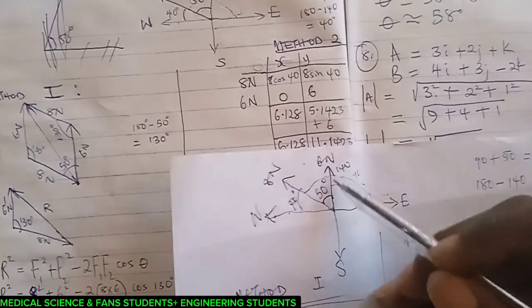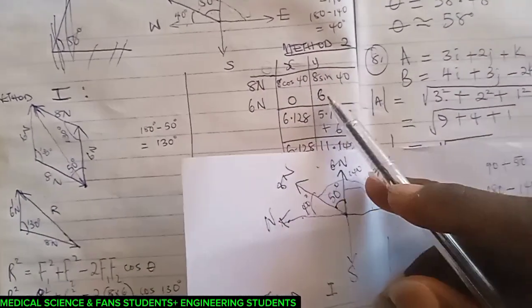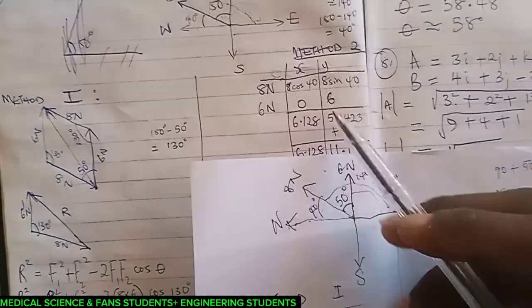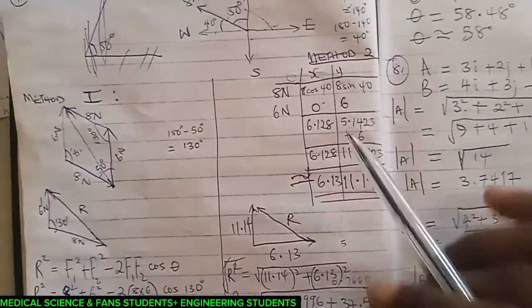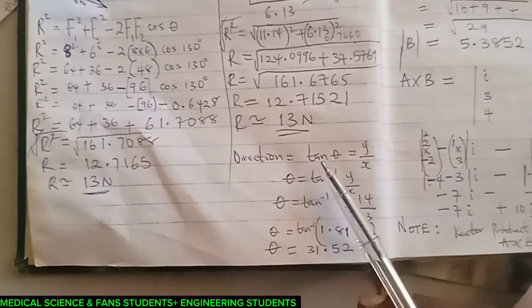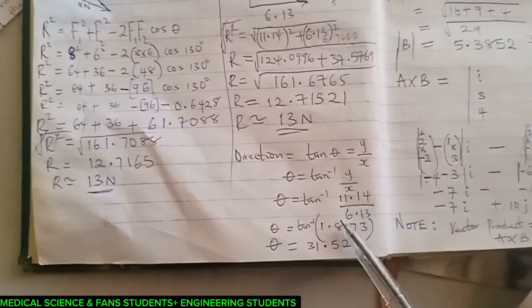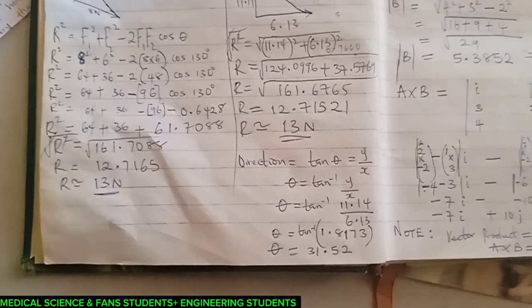Then when we come to the north side, this happened only on the y-axis, so it's only for y. It didn't happen on the x-axis, so 0. When you do the mathematics, you get this. Then for the direction, you use tan theta equals y over x. Then do the tan inverse, you get this.